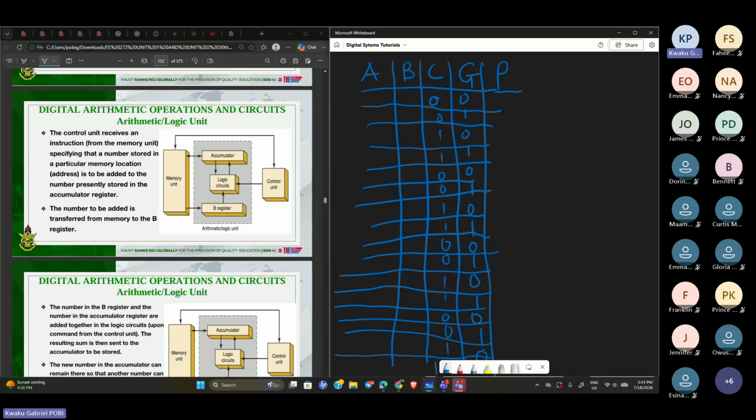So 1, 2, 3, 4. 1, 2, 3, 4. Another 1, 2, 3, and then the last one. So here 1, 2, 3, 4, 5, 6, 7, 8 like this.